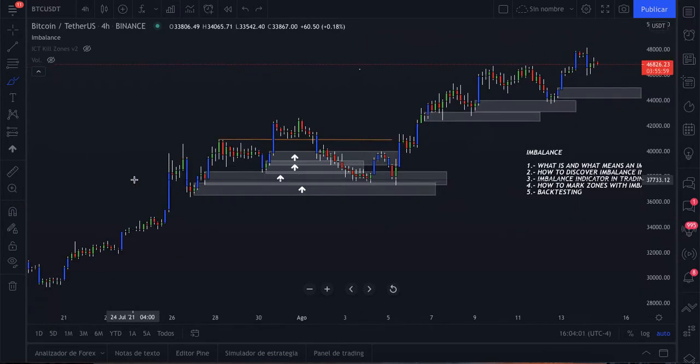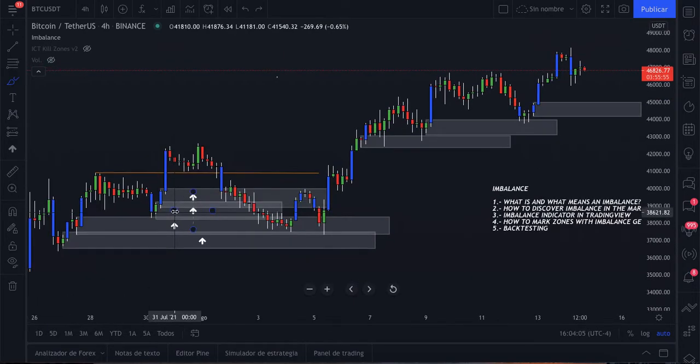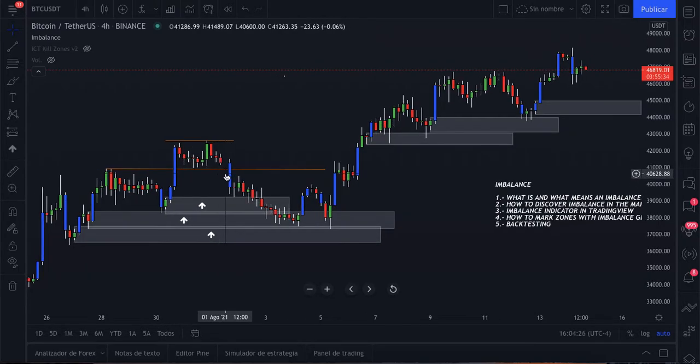So why I usually don't use this first zone: because price couldn't generate new levels. Basically this was a kind of resistance, right? So this first area was completely invalid and it's more risky.